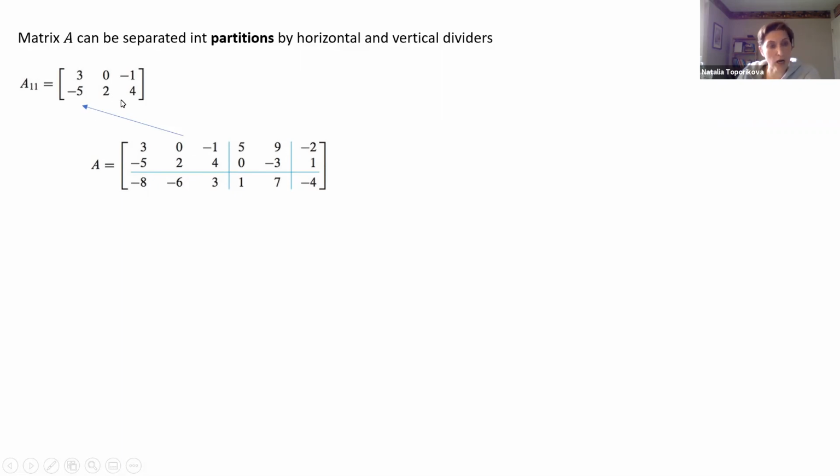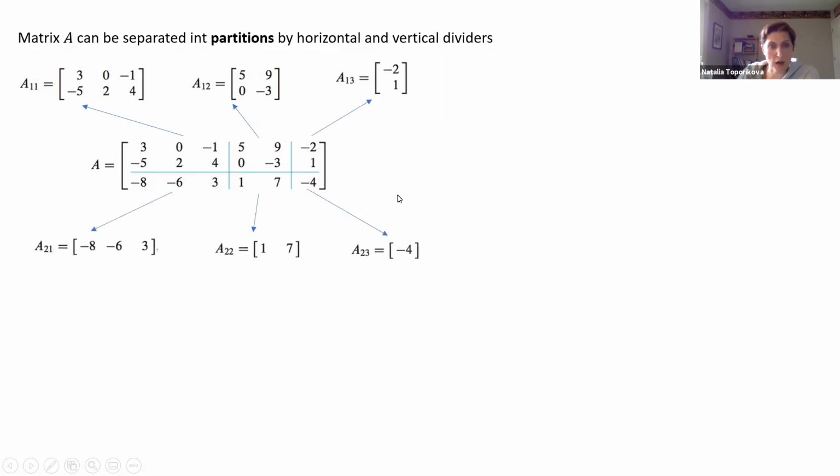And just to keep track of position for these submatrices, we gave them indices which determine their position within the big matrix. For example, A11 will be our first submatrix in the top row, A12 the second submatrix in the top row, A13 the third submatrix in the top row. And we will do the same for the bottom one.